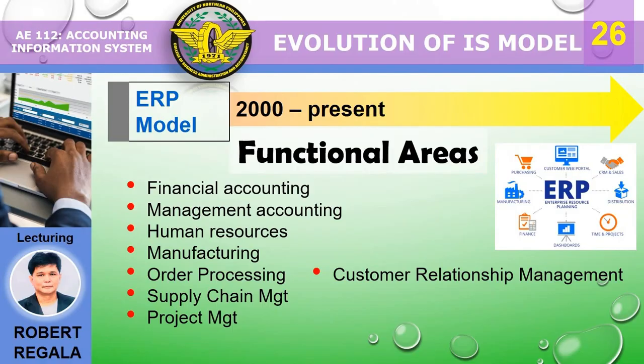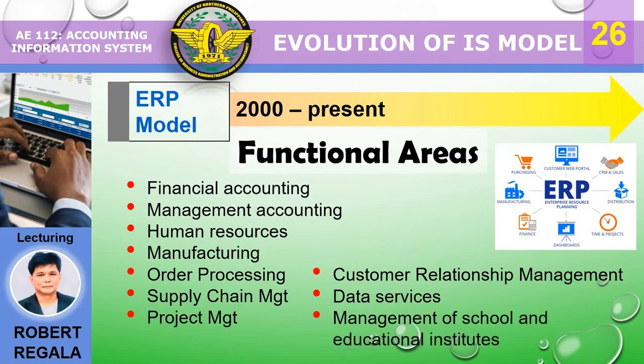CRM systems are not always considered part of ERP systems but rather business support systems, BSS. Data services, various self-service interfaces for customers, suppliers, and/or employees. Management of school and educational institutes.